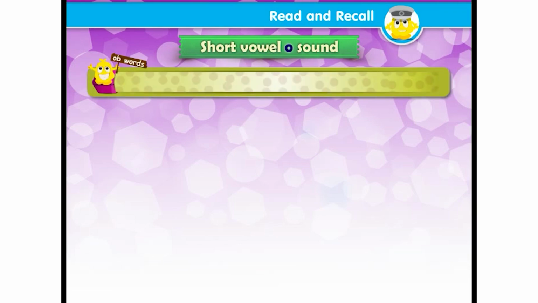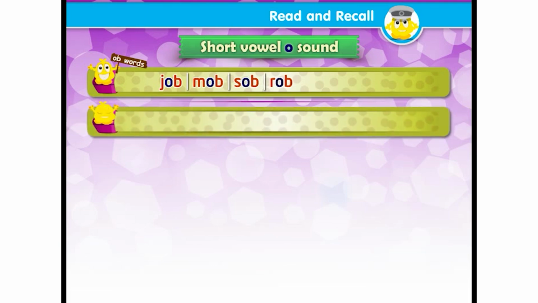Ob words: job, mob, sob, rob. Og words: bog, dog, fog, jog, log.